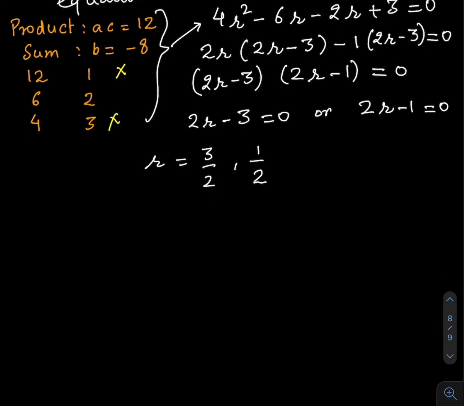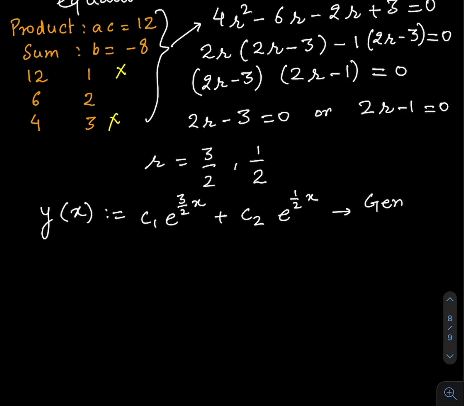Okay, so our general solution will look like c1 e to the power 3/2 x plus c2 e to the power 1/2 x. This is our general solution. Any other solution will take this form only.